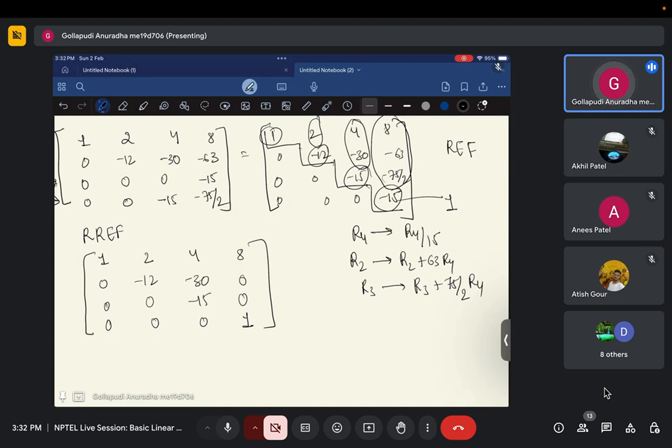Now I want to make this as 1, and the entries above it as 0. So row 3 goes to row 3 by minus 50, and row 1 goes to row 1 minus 4 into R4.